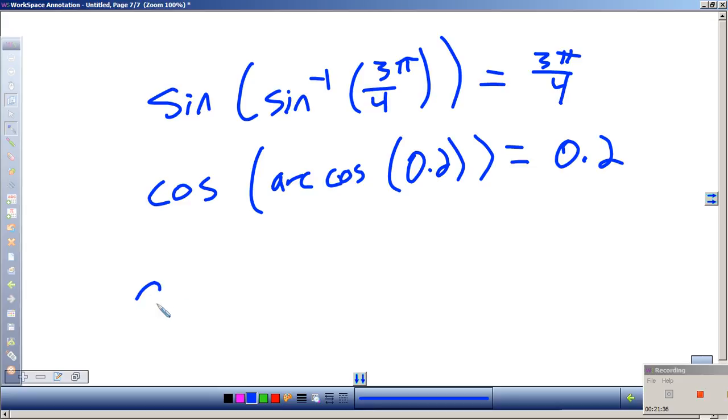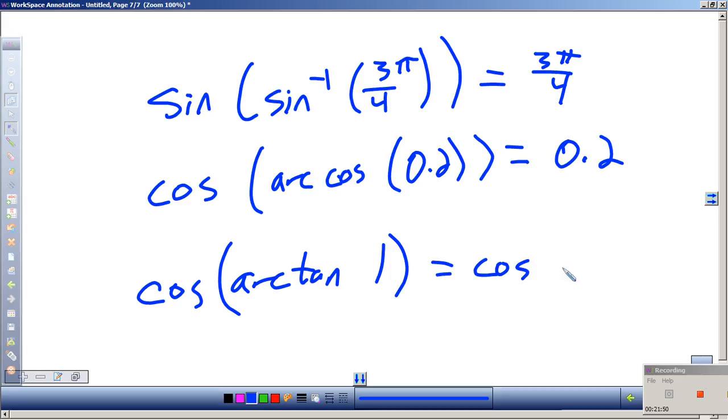How about the cosine of the arc tangent of 1? What is the arc tangent of 1? Okay, so 45 degrees, or pi over 4. What's the cosine of pi over 4?